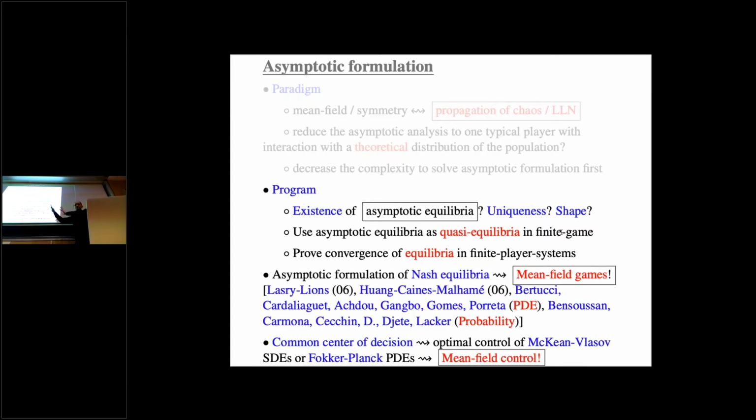A few names of people who have been working in the field. So I have to say that it comes back to two groups of people. The most famous ones in France certainly are Lasry and Lions. So the first papers released by these two people appeared in 2006, so more than 15 years ago.